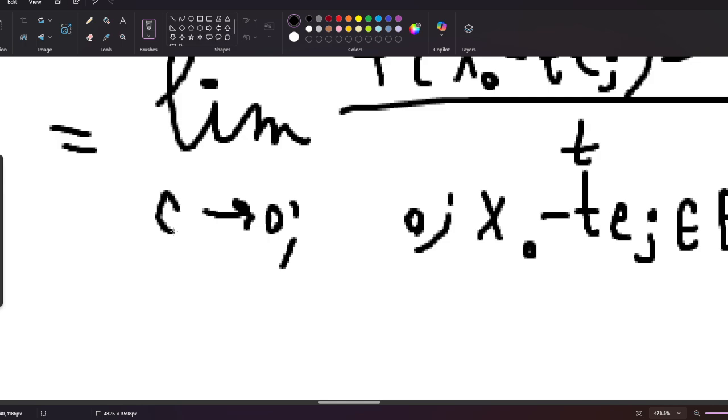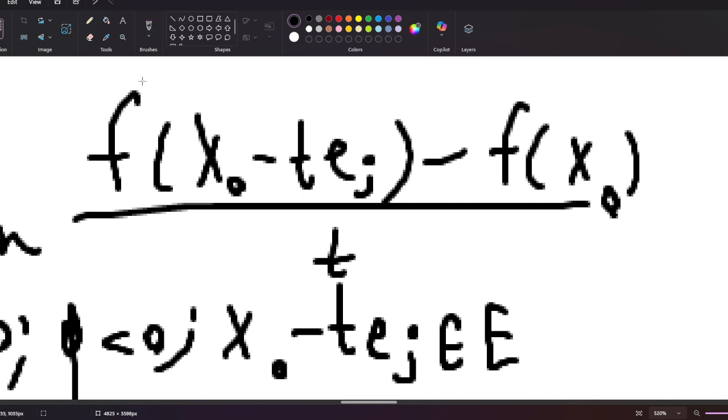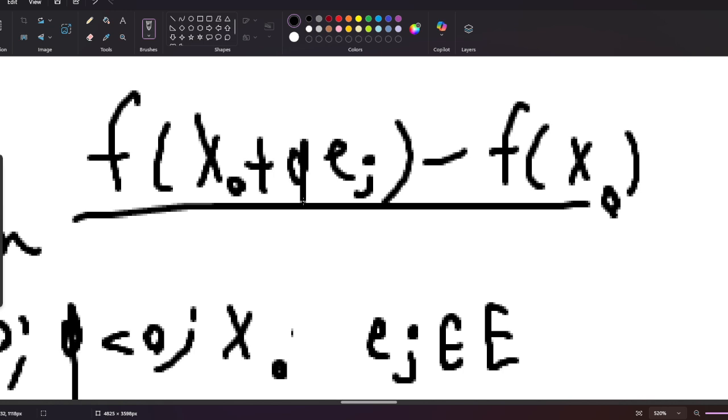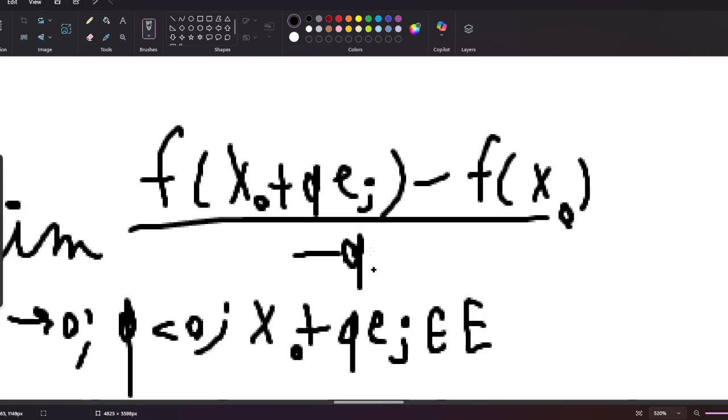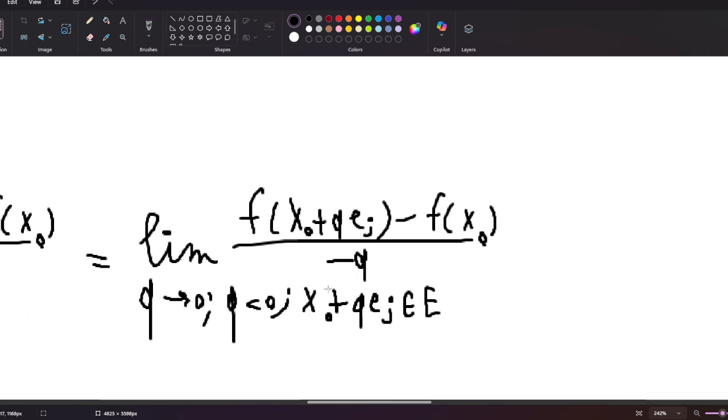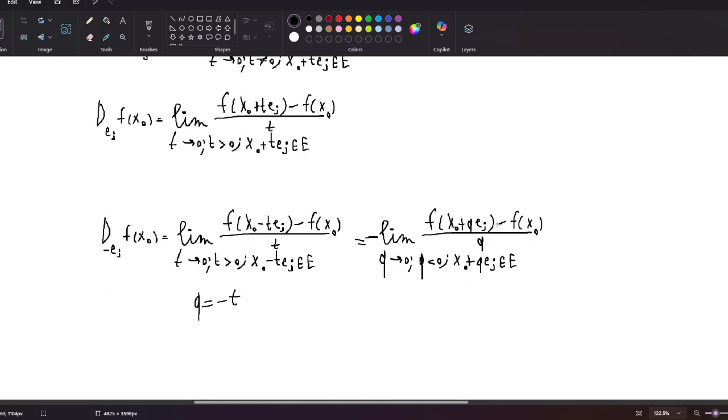So we have q approaching 0, q is less than 0, and now we just need to replace t everywhere. So here we have plus, finally, here we have minus q, here we have plus q ej. And thanks to properties of the limits, we can just bring the minus out.